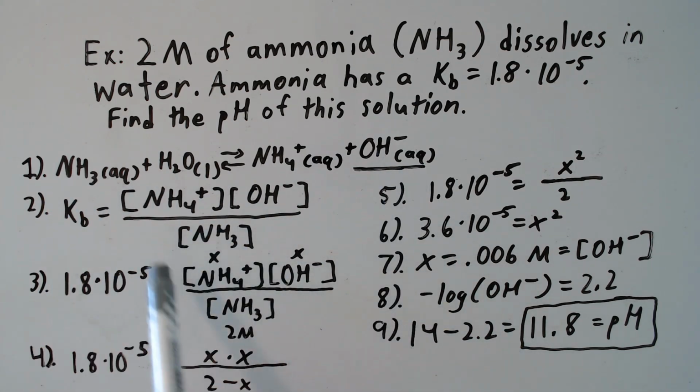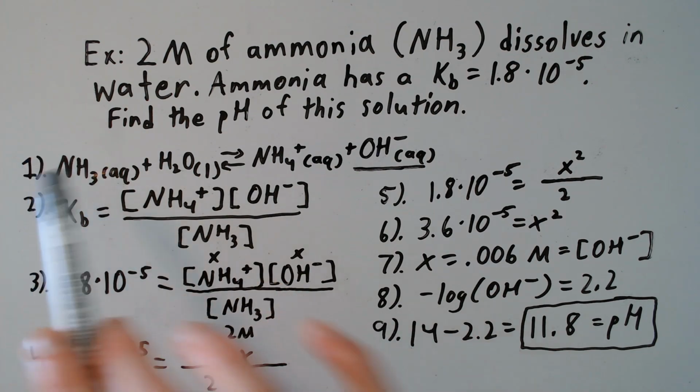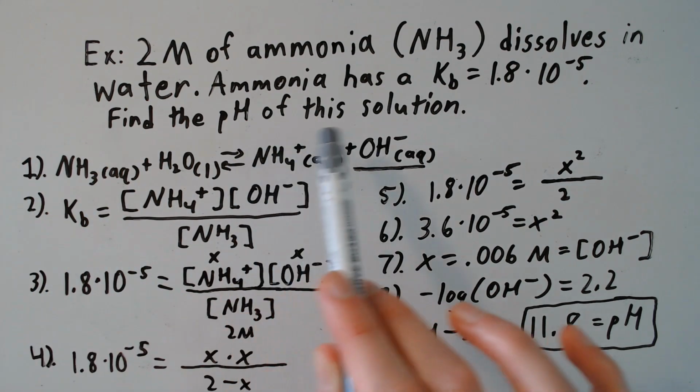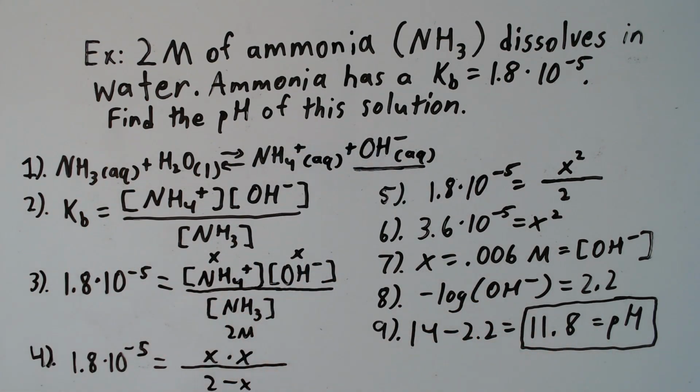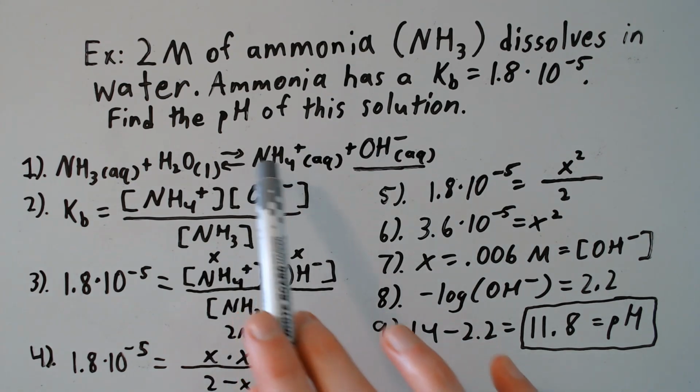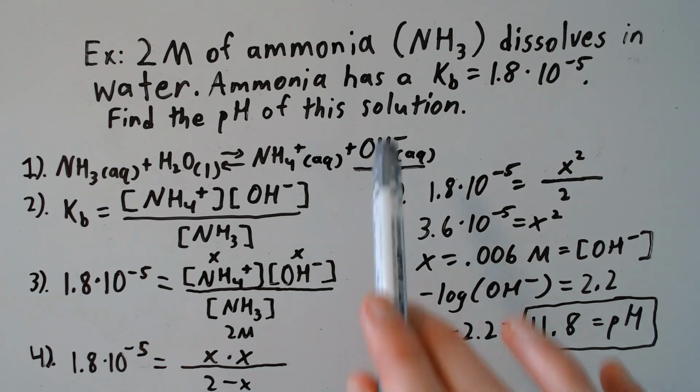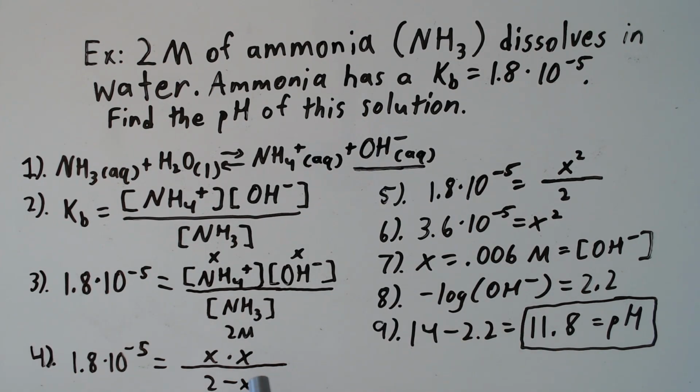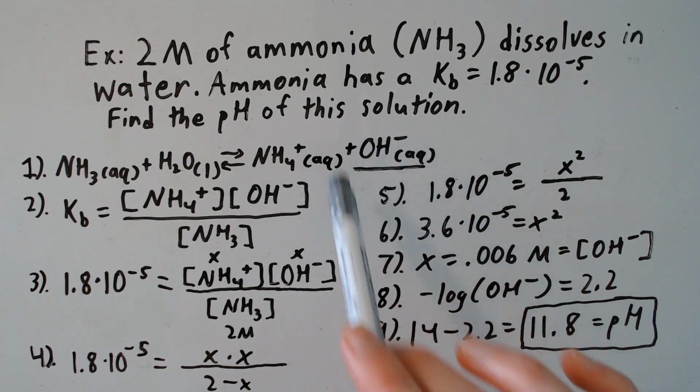So this NH3 concentration at the bottom actually changes, and so we represent it as 2 minus x. And remember that the NH3 here is in a 1-to-1 ratio to the NH4+ and the OH-. So for every x of this NH3 that reacted, an x amount of NH4+ is produced and an x amount of OH- is produced on top. So now we need to solve for the x in order to find the concentration of OH-.